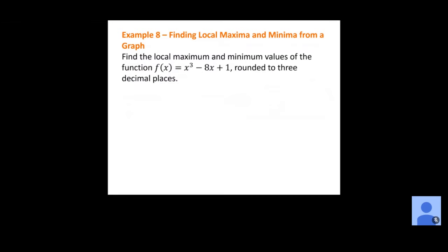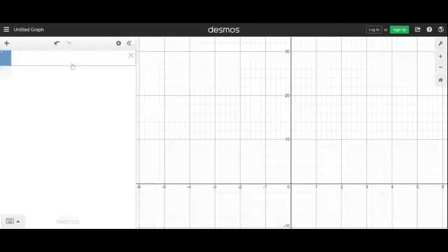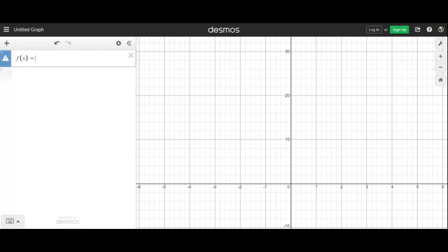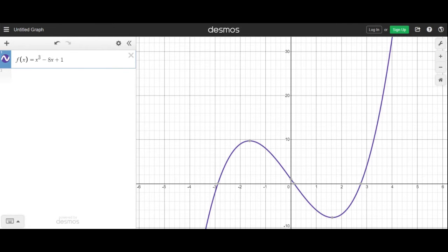Okay, so example 8 here, we're going to find the local max and local min values of this function. Okay, so again, I'm just going to switch over to Desmos so we can find those. All right, so we have f of x is equal to x cubed minus 8x plus 1. Right, and based off the window that I already have there, I can actually see my highest and lowest points.